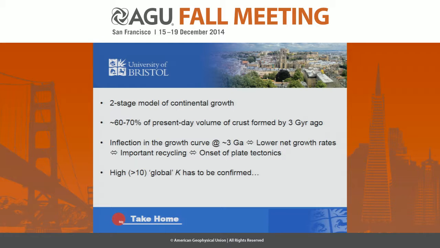The inflection in the growth curve at about 3 billion years ago can be interpreted as a decrease in growth rates, as we know that today the rate of formation of the crust is about 3 cubic kilometers a year. And so we believe that might be due to an important recycling of the crust, and therefore you need a tectonic process for that, which might be the onset of plate tectonics.